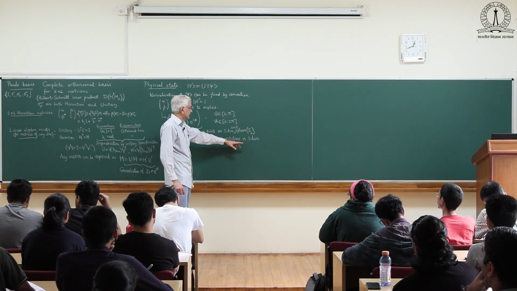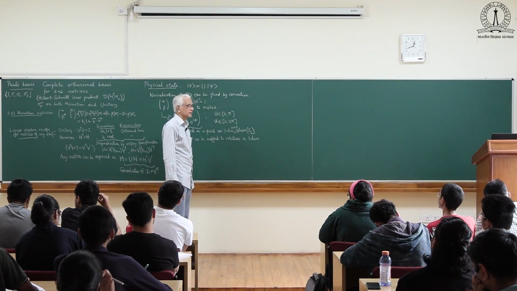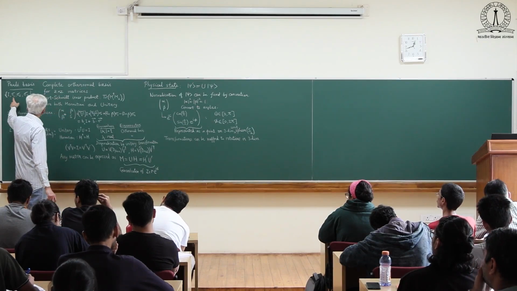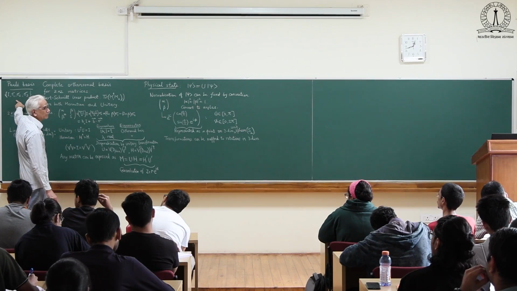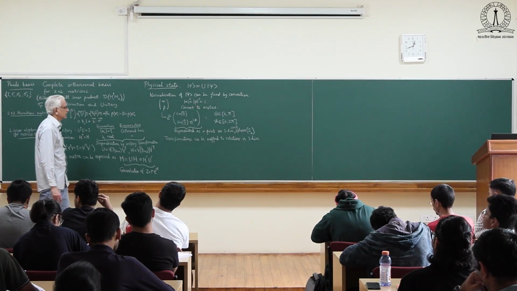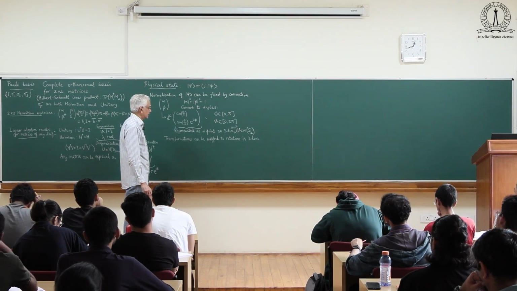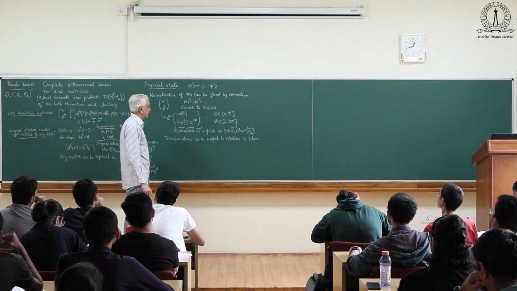Because it is in 3 dimensions, I have 3 axes for performing these rotations, and those 3 axes will map to these 3 Pauli matrices. It's a very nice geometrical picture, and we'll make use of it.